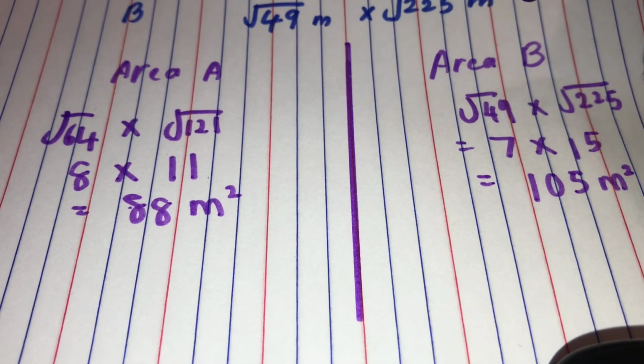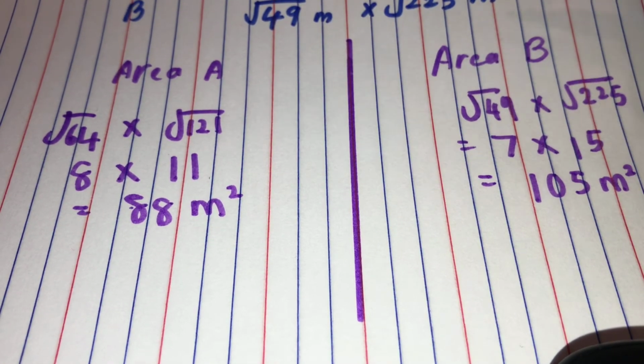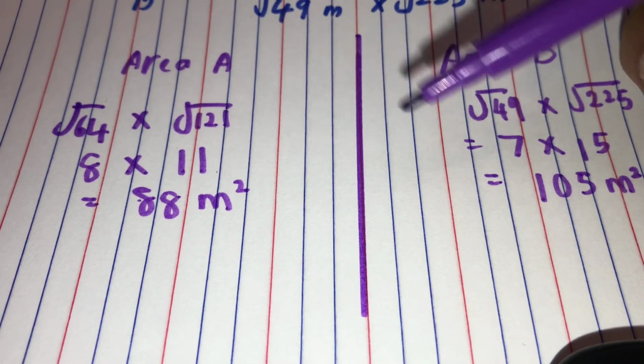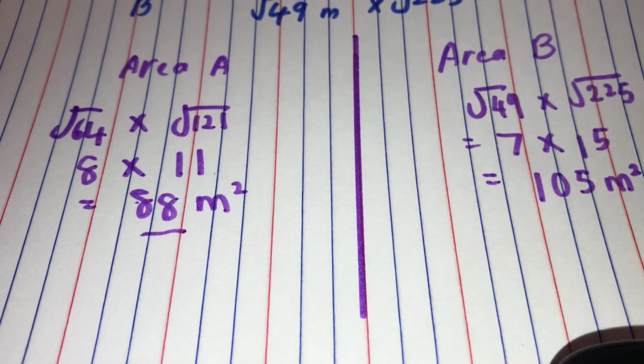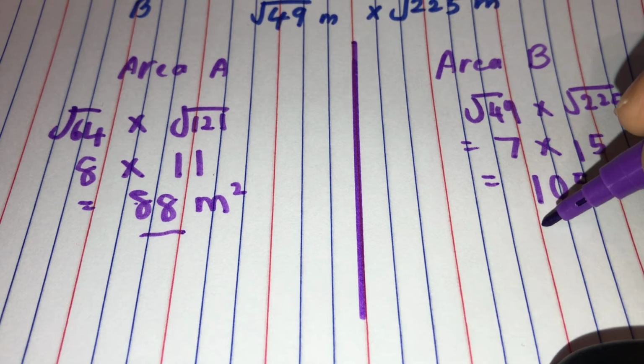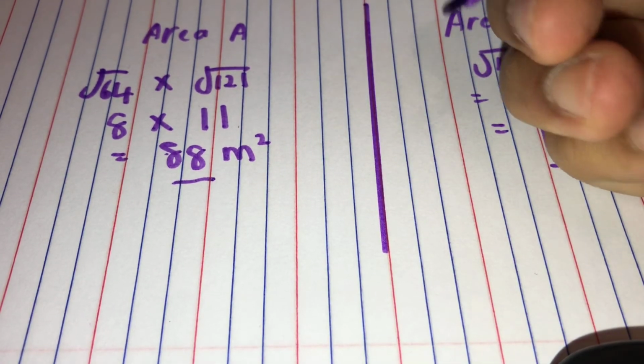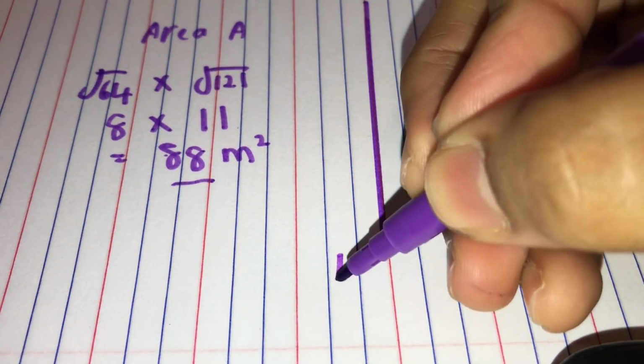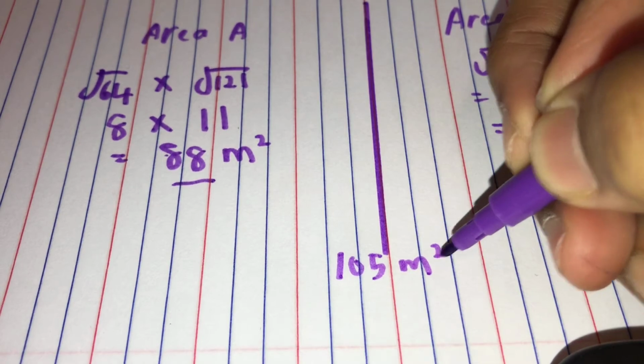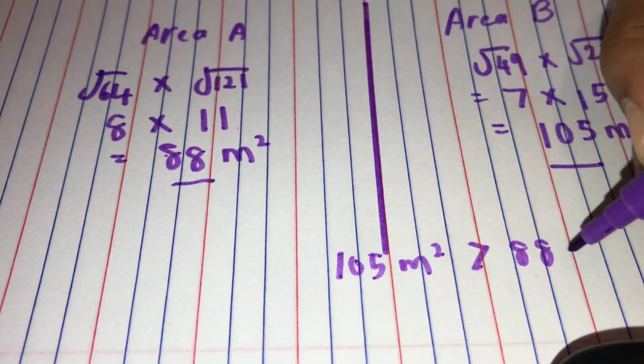Now you compare the area of A and area of B. Area of hall A equals 88. Area of hall B equals 105. So the area of hall B is greater than the area of hall A. Okay, so 105 is greater than 88.